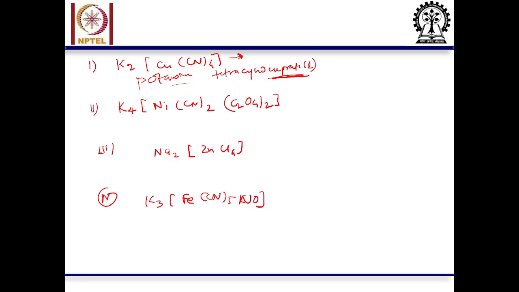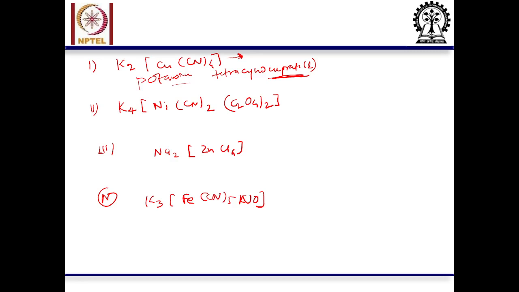Can you just check? I think there is a minor mistake. Check once again. Potassium dioxalato nickelate 0. Can you correct where that minor mistake is? Can anyone point out where the mistake is?